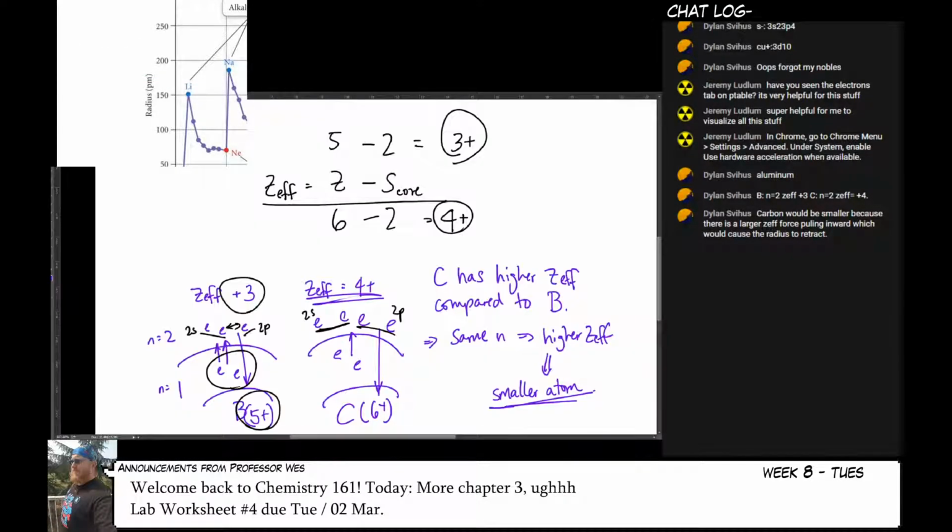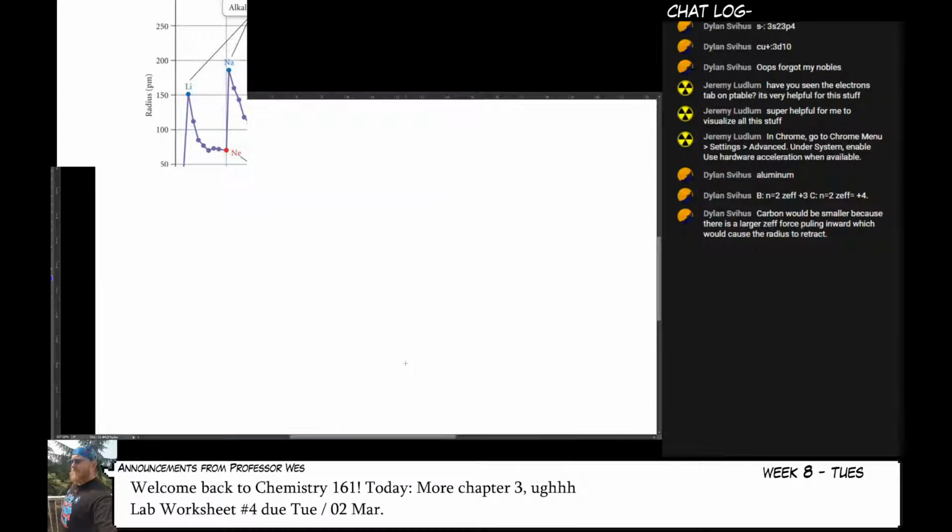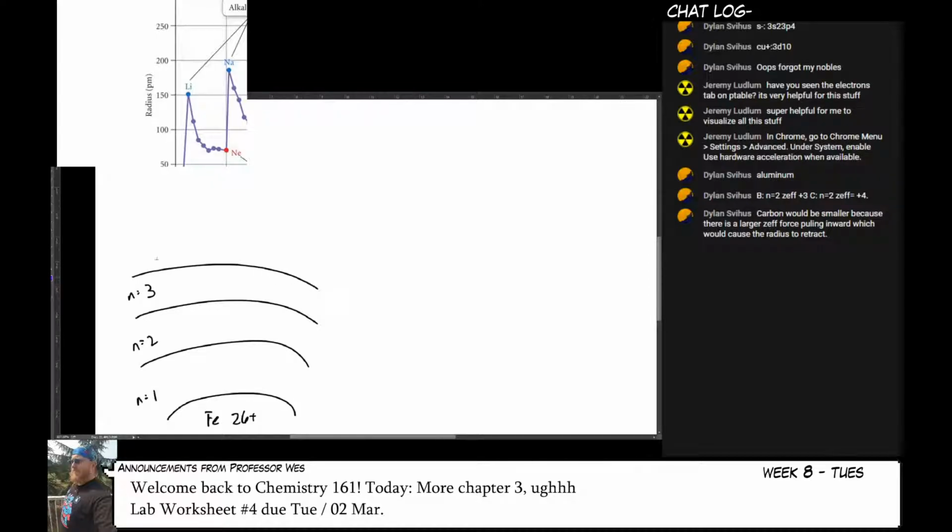Alright, so to a first order approximation, we're going to look at iron and cobalt. So iron is 26 plus. And cobalt is 27 plus.